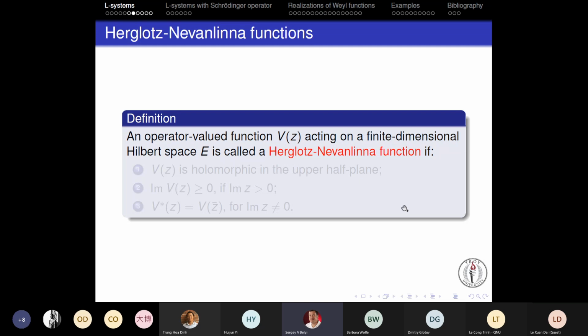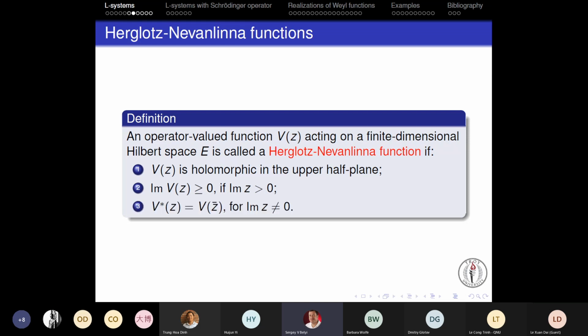So in the operator valued case, of course, we are talking about an operator function in a finite dimensional Hilbert space E if three things happen. V of z is holomorphic in the upper half plane. Its imaginary part in the upper half plane is non-negative, and there is a symmetry property that you can use to reflect the upper half plane to the lower half plane for this function.